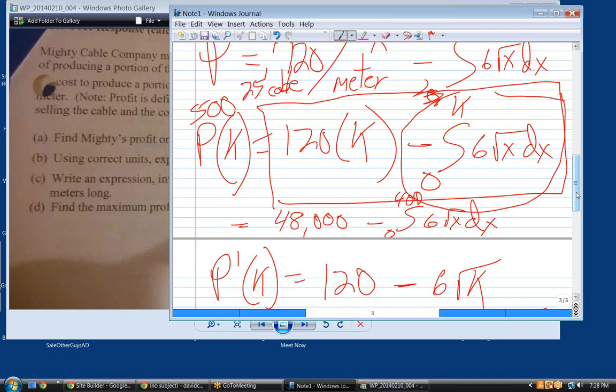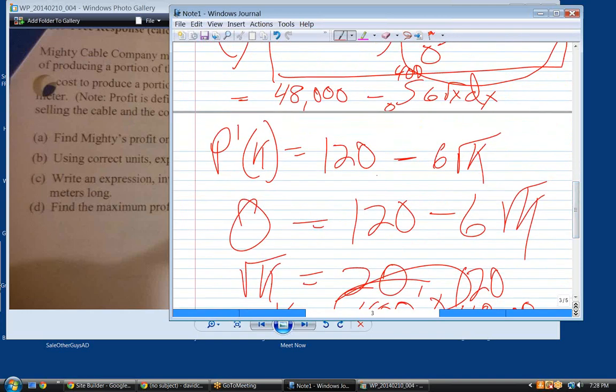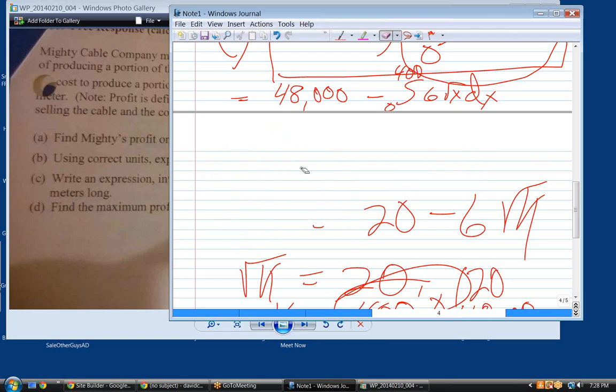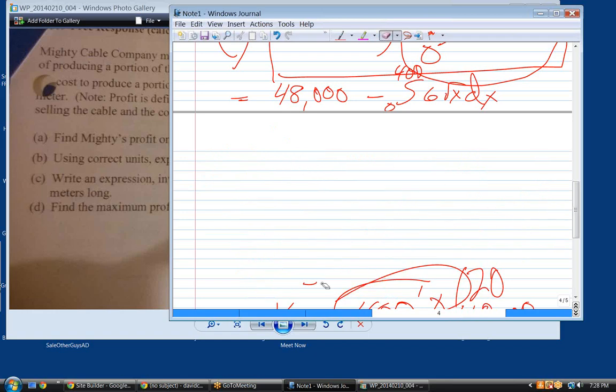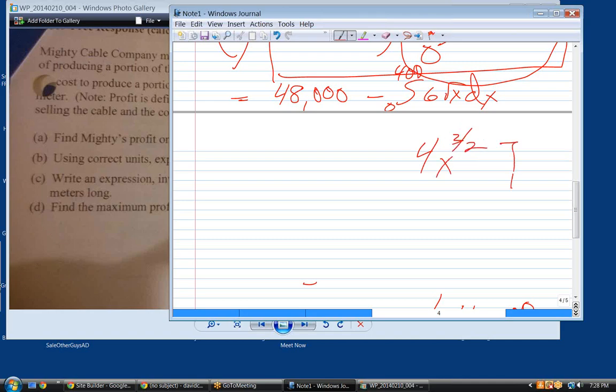So I guess we could do that real quick. What was that answer if we're looking to verify an answer? It's going to be, let's see, 4x to the 3 halves evaluated from 0 to 400.